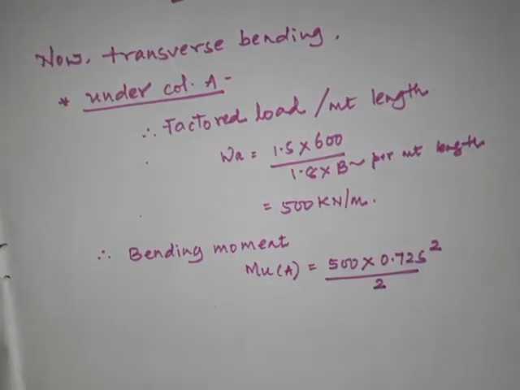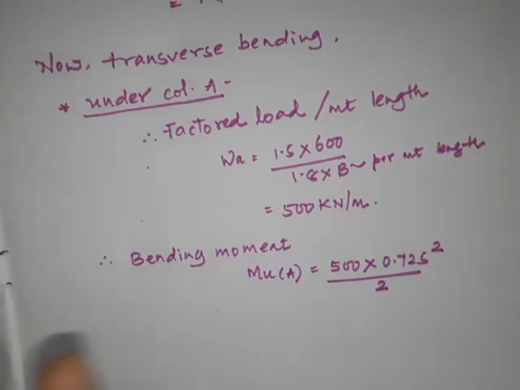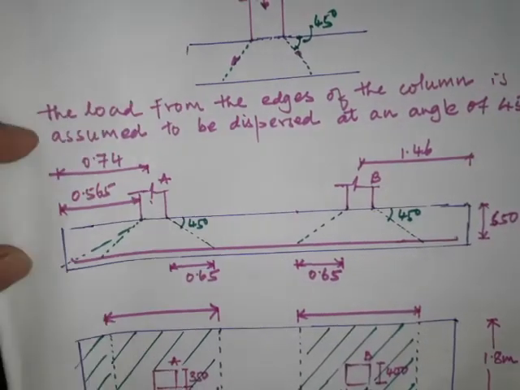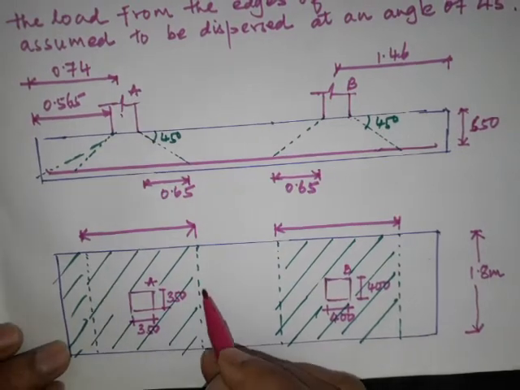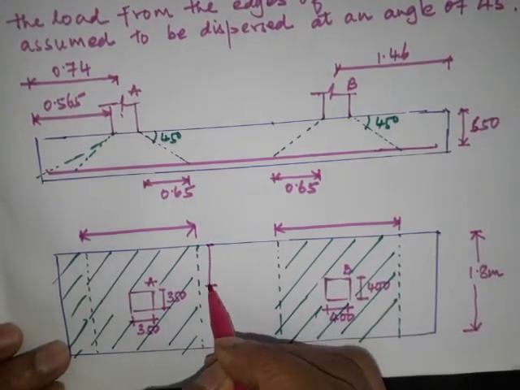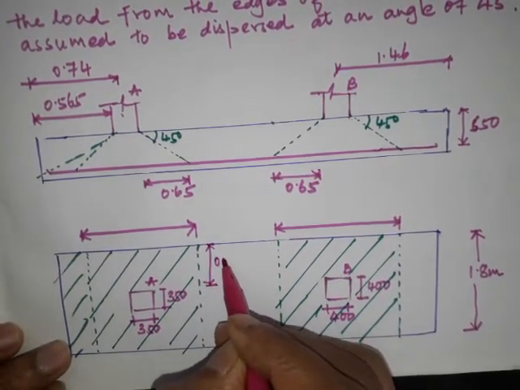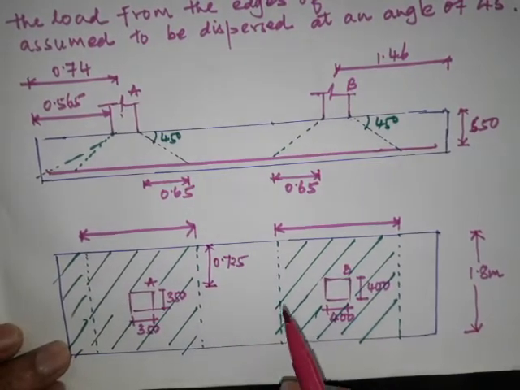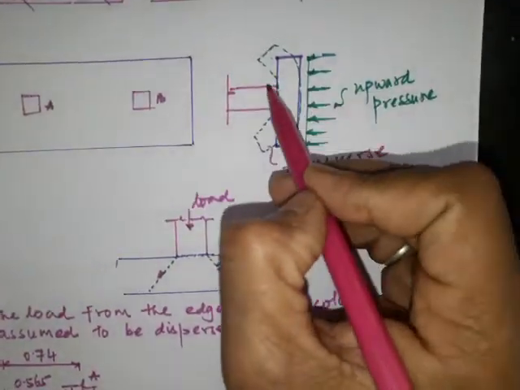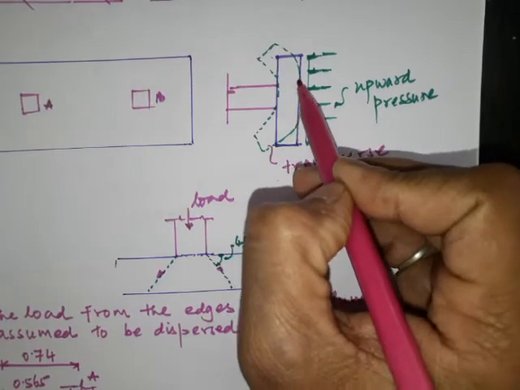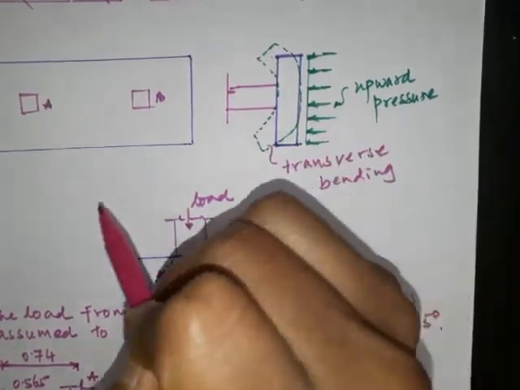So you can show it here. The cantilever projection is here under column A. This projection is 0.725 under column A.